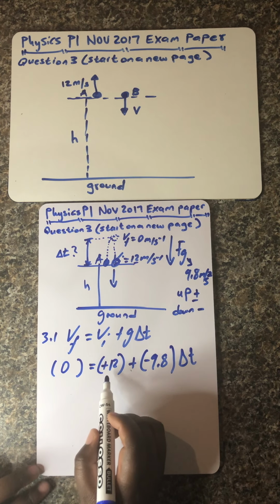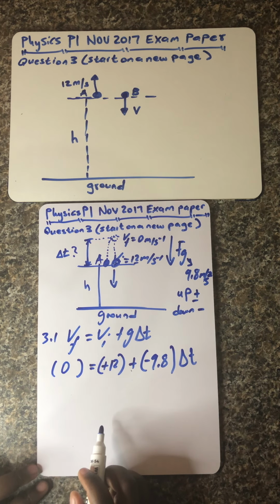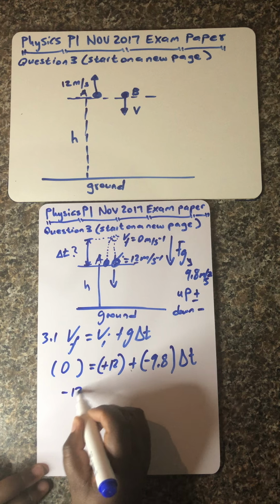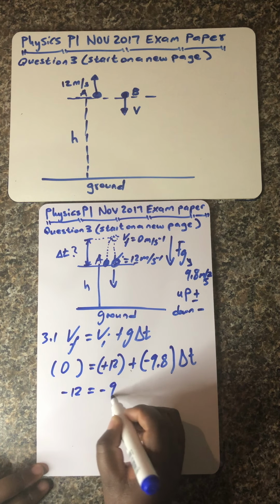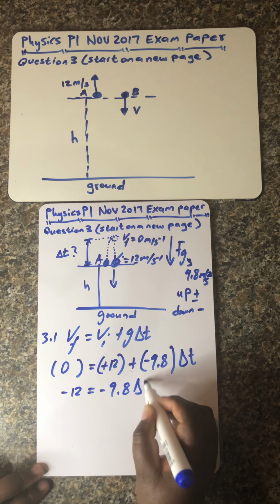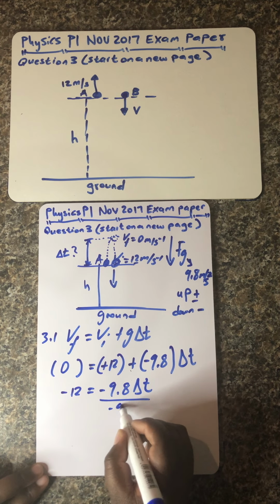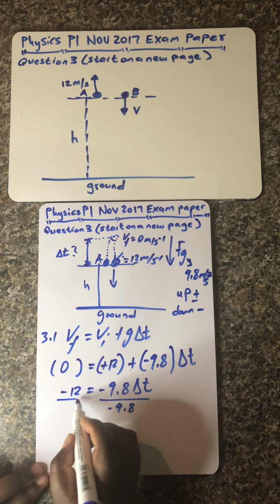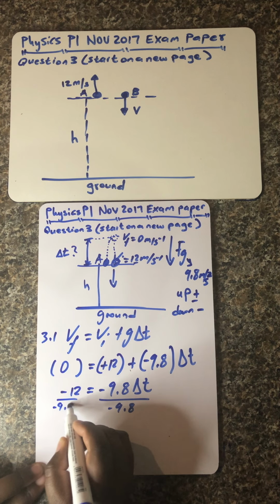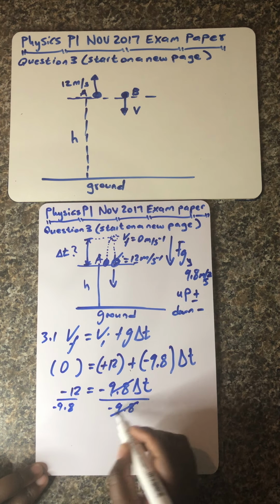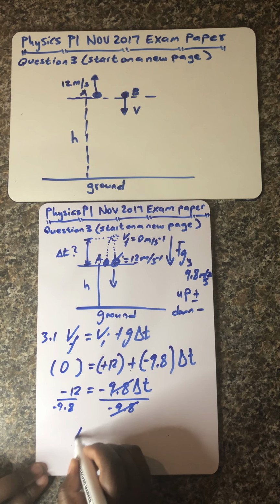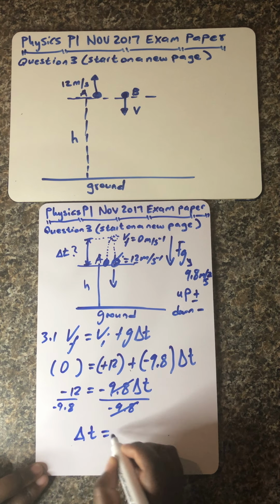So it's just a matter of moving that to the other side. Then it becomes negative 12 equals negative 9.8 change in time. Then you can divide by negative 9.8 on both sides so that it cancels, and you remain with change in time, which is what you're calculating.